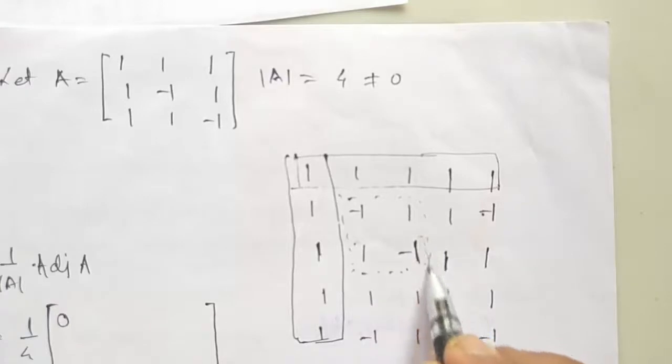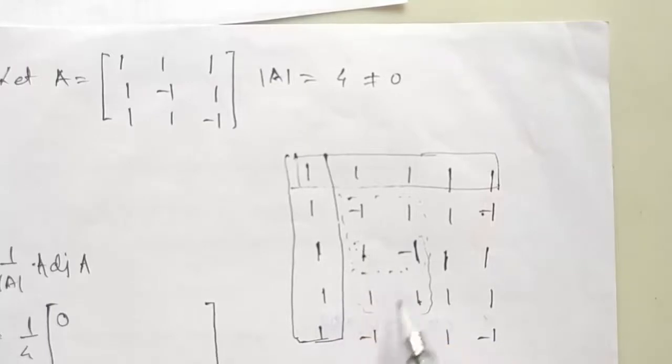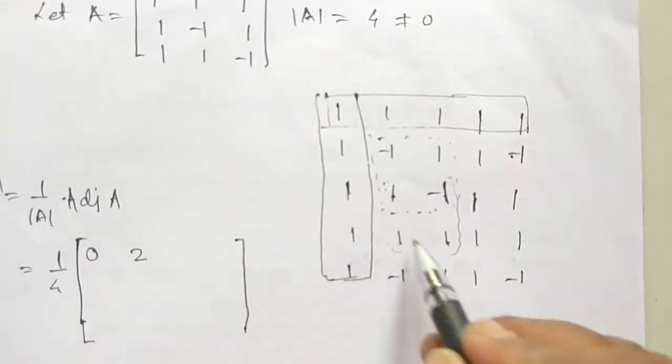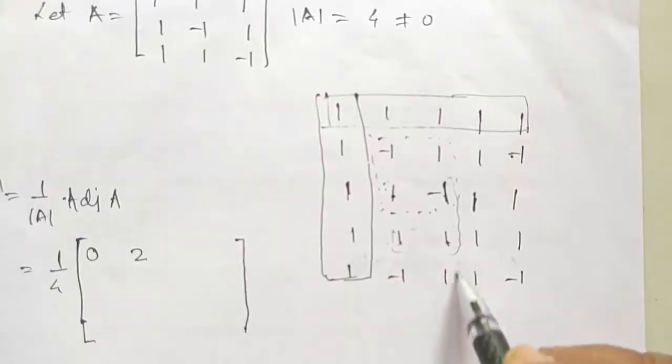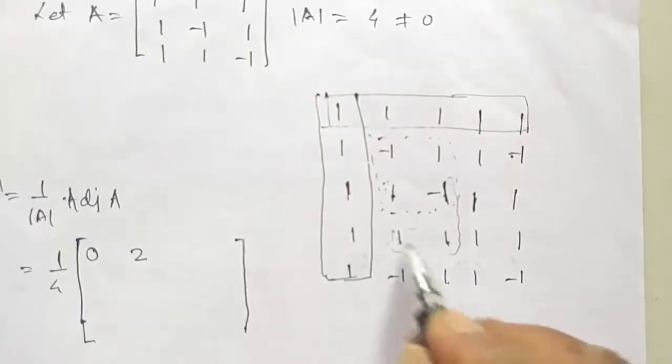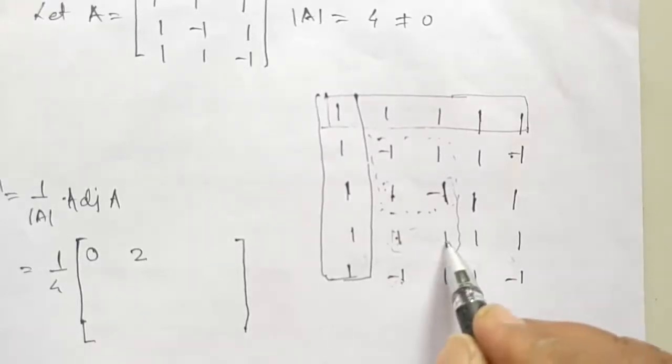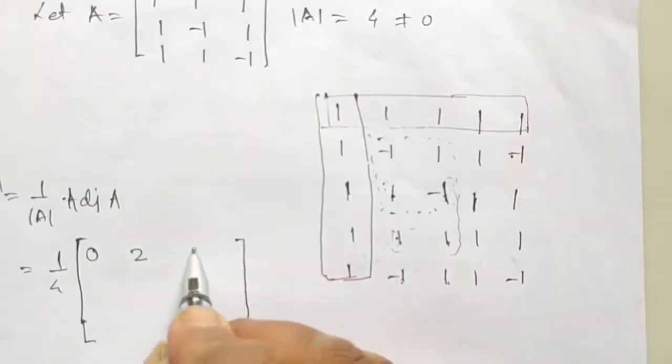Now second, consider this determinant. 1 into 1, start from right to left, bottom to top: 1 into 1 minus 1 into minus 1, that is 1 minus minus, plus 1, so it becomes 2. So it is 2. Next, consider this determinant: 1 into 1 minus 1 into 1, that is plus 1, that is equal to 2.